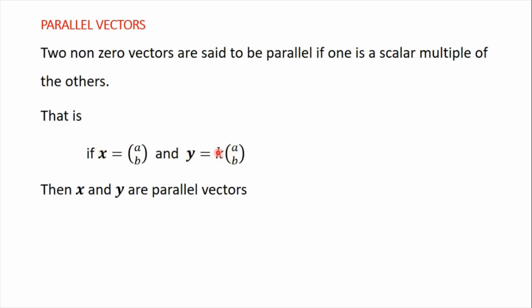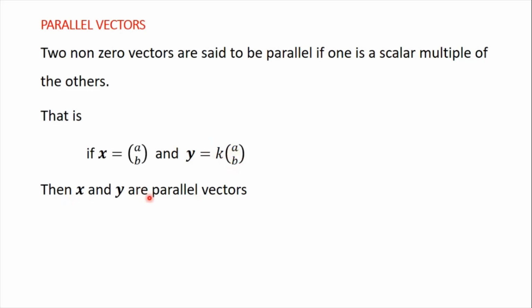We are using the scalar k to multiply the components of x, (a, b). So vector y will give us (ka, kb), because you use k to multiply a and you use k to multiply b. So you get (ka, kb).